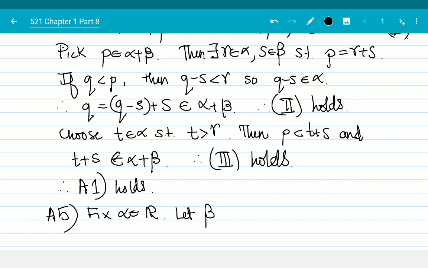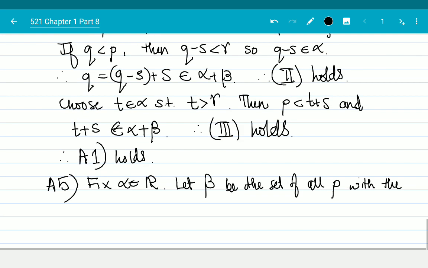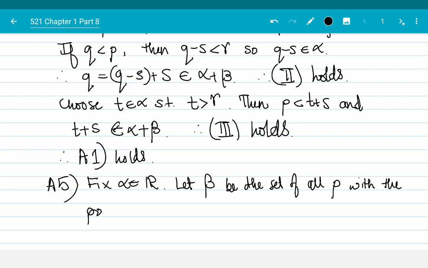Let beta be the set of all P with the following property: there exists R greater than 0 such that minus P minus R does not belong to alpha.